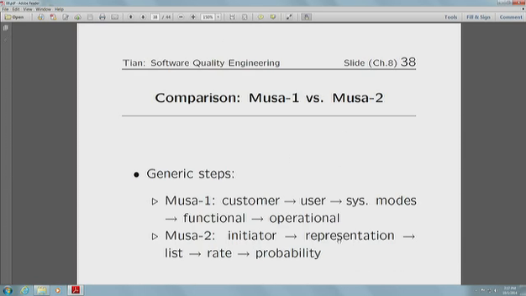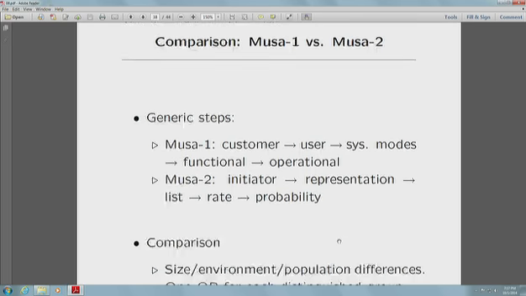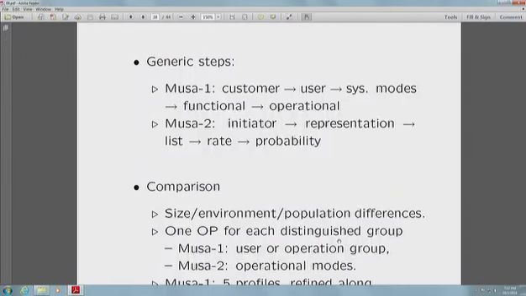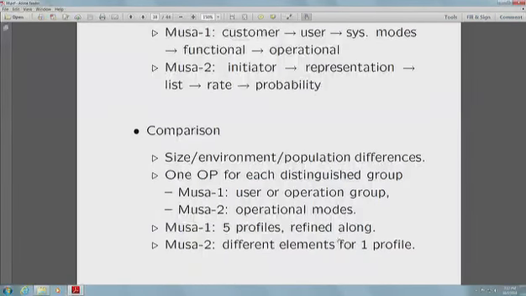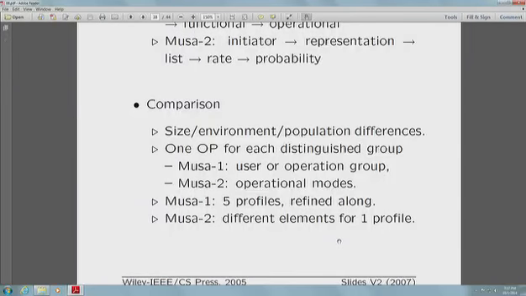So that's the example of operational profile development for MUSA 1 and MUSA 2. The generic steps are somewhat different, although they each have 5 steps. When you compare them, they each may have their own advantages and disadvantages. If you have a lot of operations, a lot of customers and users, then MUSA 1 is probably going to help you a lot more.